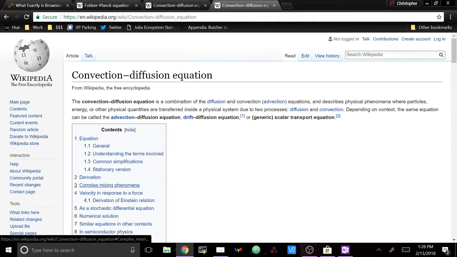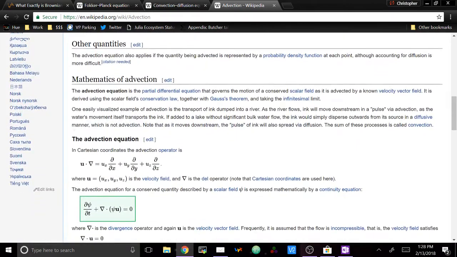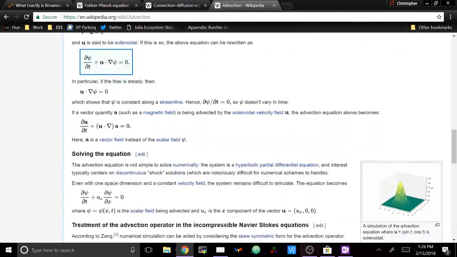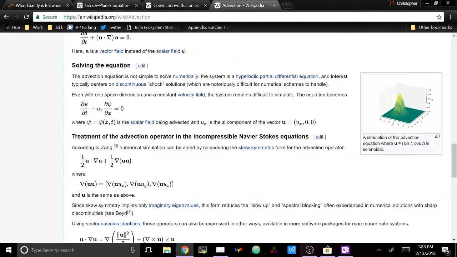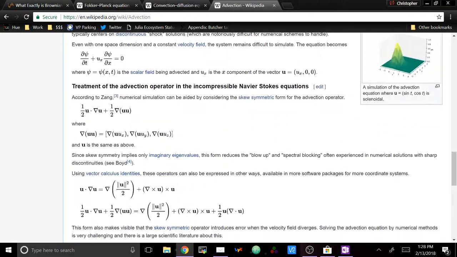Maybe in Wikipedia it's written as the advection equation. Yeah, so they have it here as the advection equation, but same thing.